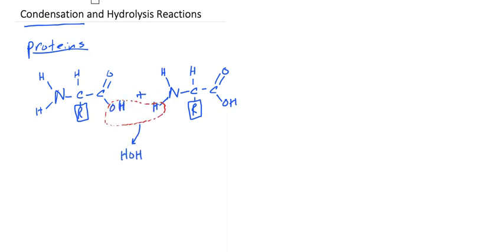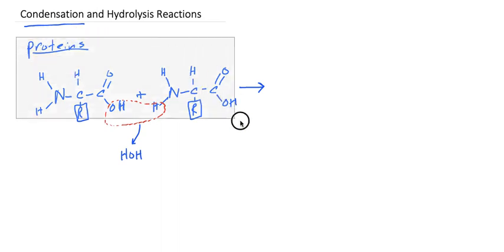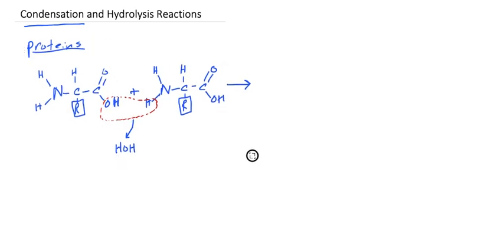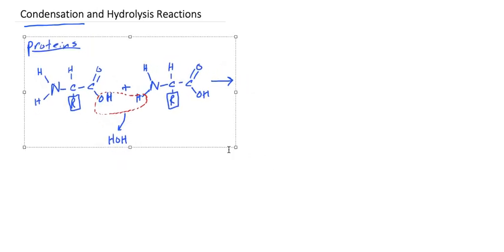So let's do that. So I'm going to draw an arrow, okay, and real quick, what I'm going to do is just give us a little bit more room here, okay.